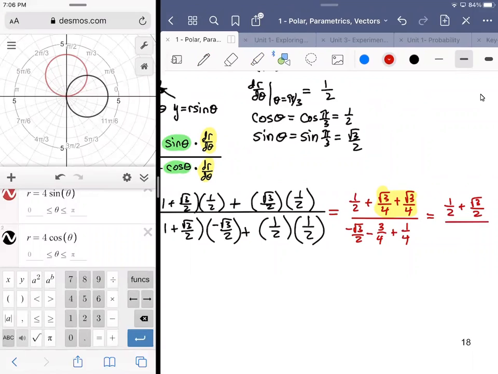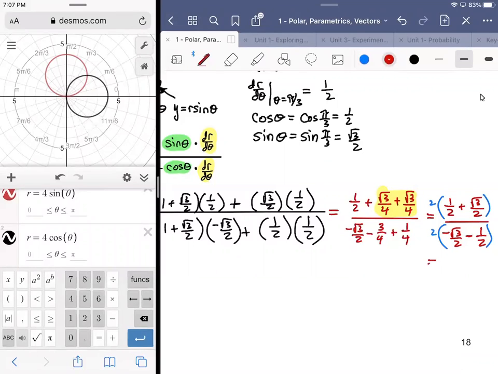Not much else we can do with just that part of it without talking about the bottom. Negative rad 3 over 4 plus 1/4 is going to be negative 1/2. So we're looking at negative rad 3 over 2 minus 1/2. For the sake of not regretting this later on, I think it makes the most sense to clean it up by doubling top and bottom, because all those denominators are 2, so we can wipe them all out.